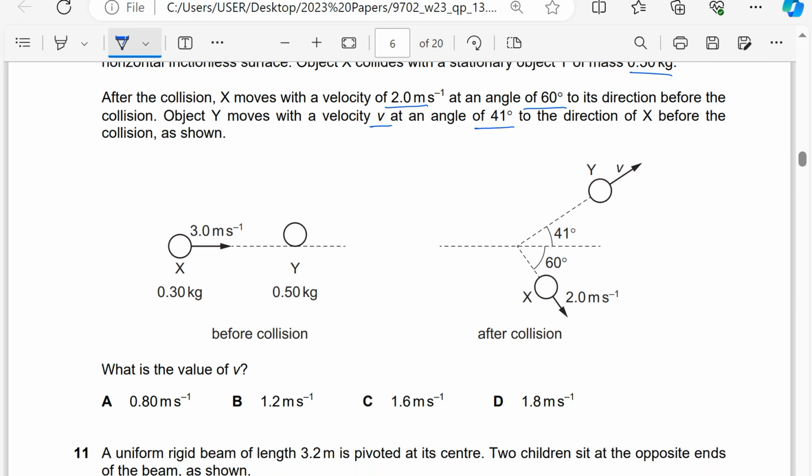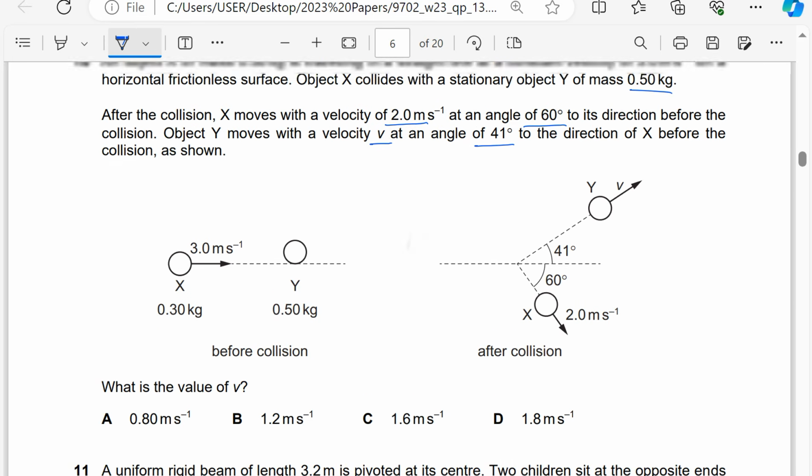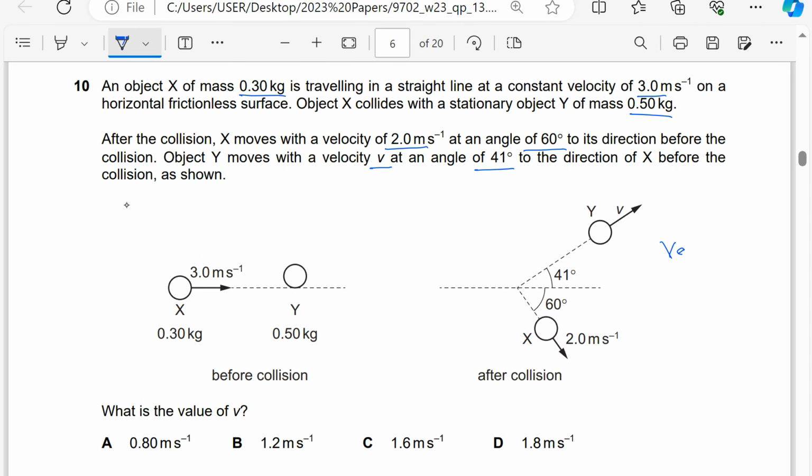Okay, so I'm just going to conserve momentum, in the vertical. Initially in the vertical, total momentum is 0 because one object was stationary and the other was moving in the horizontal. So total momentum in the vertical is 0.